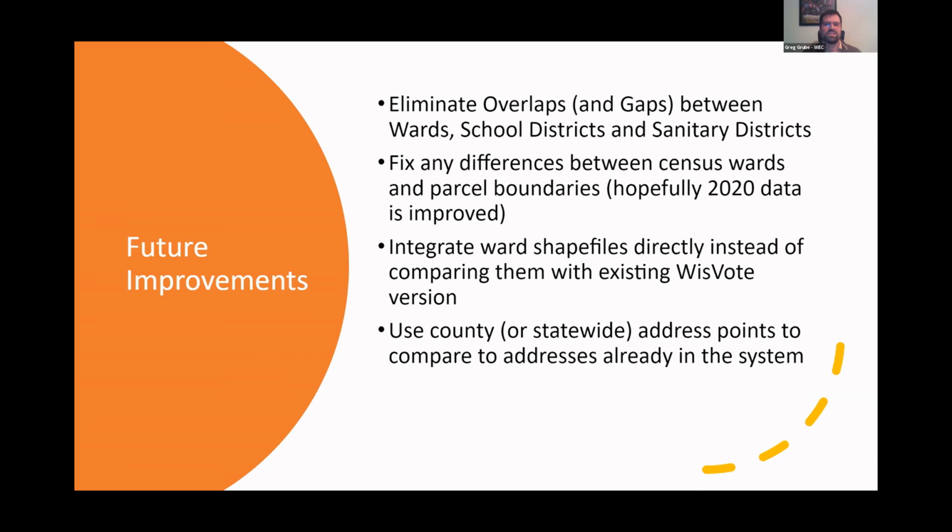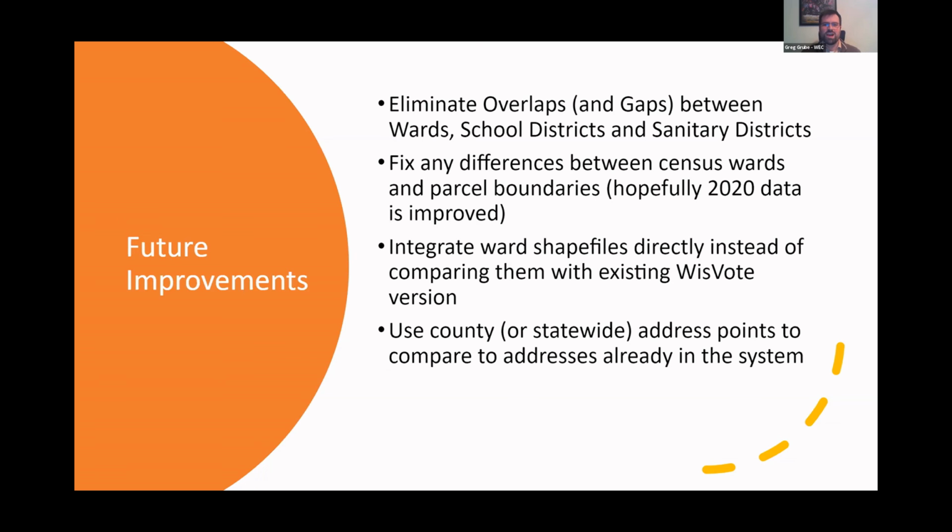We also want to integrate the ward shapefiles directly instead of me having to review those every time, but that relies on clerks and GIS folks having all of those annexations coded correctly. And finally, as I'm sure a lot of people are waiting for, the statewide address point layer is going to be hugely beneficial to us if we can get that.